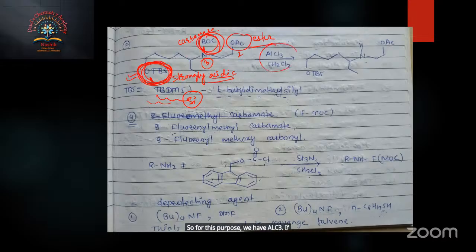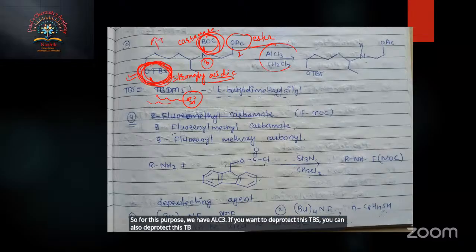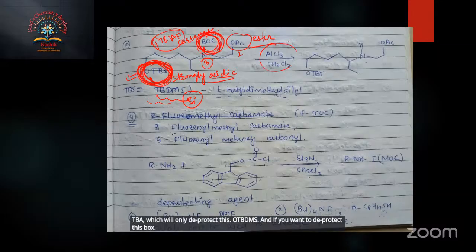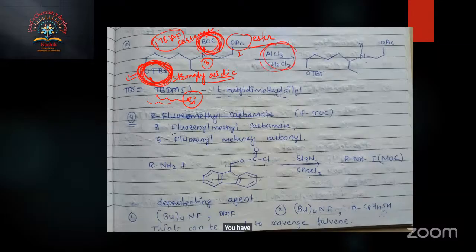If you want to deprotect this TBS, you can deprotect it by using TBAF, which will only deprotect this OTBDMS. And if you want to deprotect this Boc, you have to use AlCl3 in place of CH2Cl2. So see, OTBS is as it is, OEt is as it is. There is no deprotection for the OTBS and OEt groups. It's as it is, right?